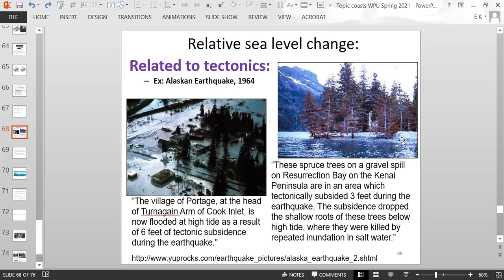And then these trees are in an area which subsided 3 feet during the earthquake, and the subsidence dropped the roots of the trees below the high tide line. And spruce trees do not like salt water, so they died.